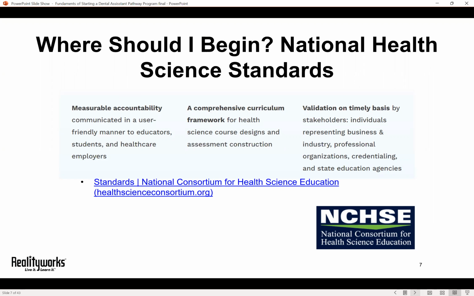These standards were designed to provide the essential knowledge common across all health professions as you prepare to increase the number of students that will be college and career ready. You can access these standards from the link we've provided above. When you start to look at these standards, they provide measurable accountability, and they're a very comprehensive framework and validation for what you're going to include.